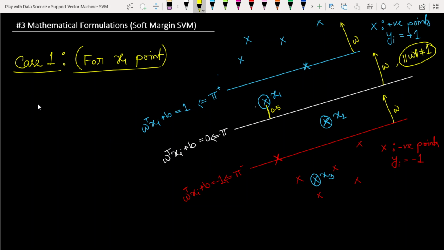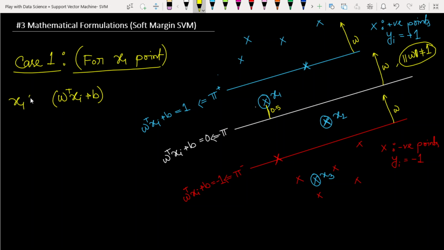What will be the value of W transpose xi plus b for the x1 point?